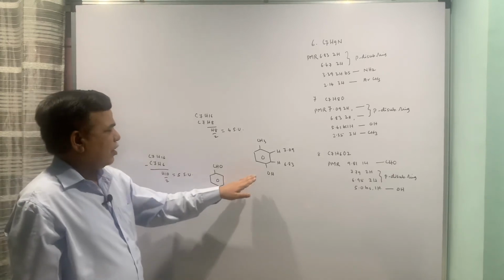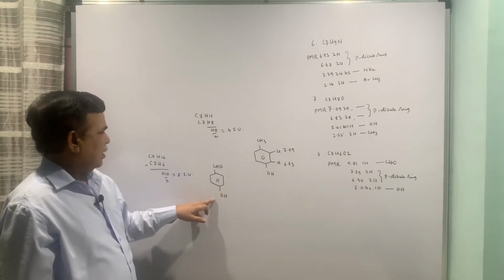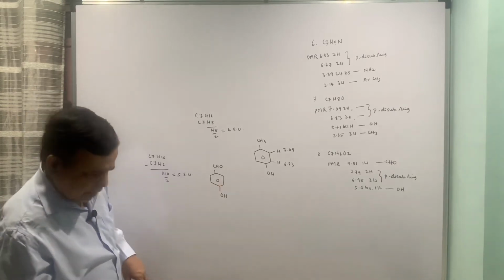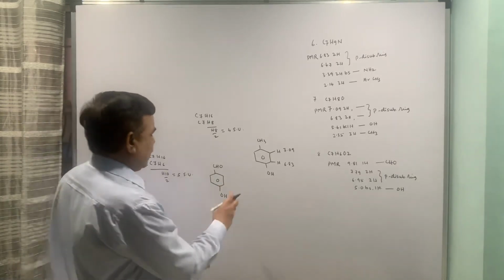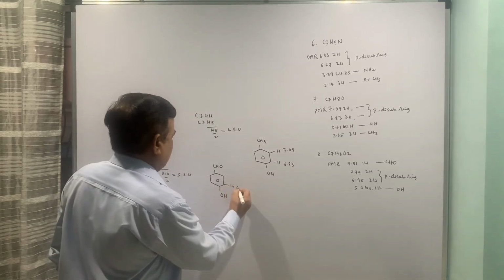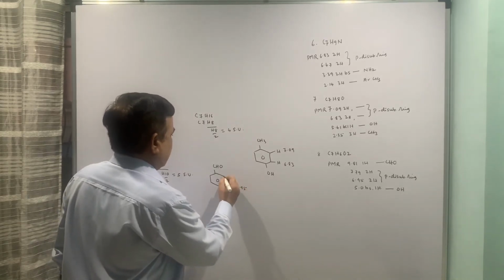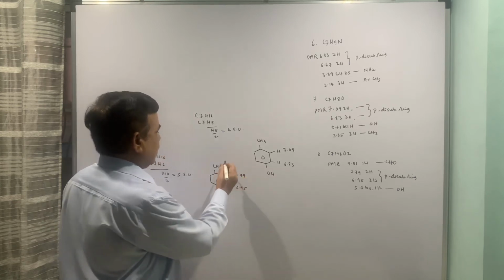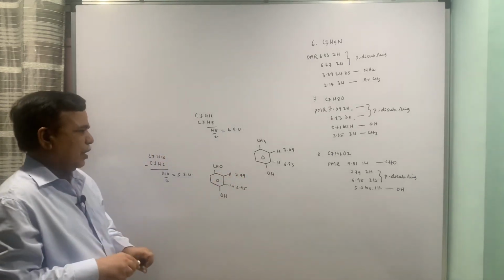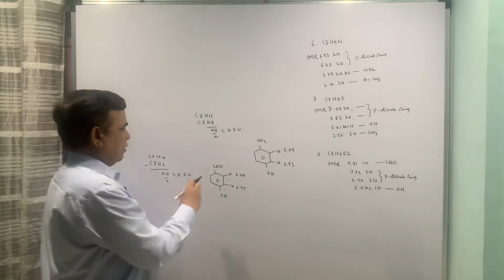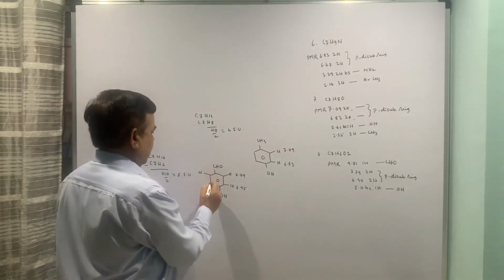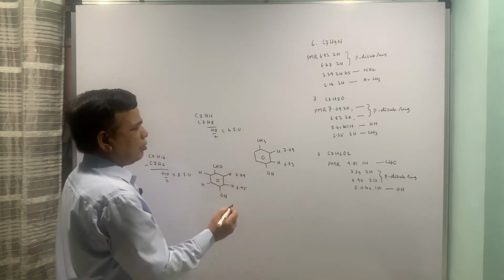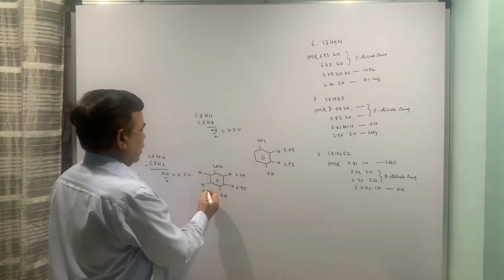Once again an electron rich ring here. 6.95 can be assigned to this proton, which is ortho to OH, and this is slightly deshielded 7.79 because this is ortho to the acceptor, and there are two sets, like these two are chemically equivalent, these two are chemically equivalent.